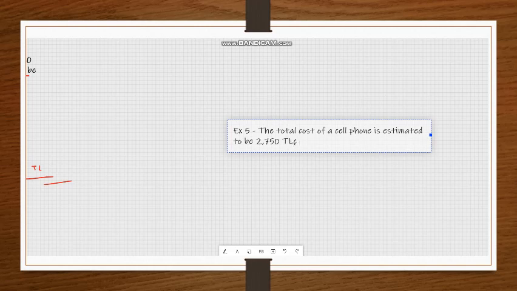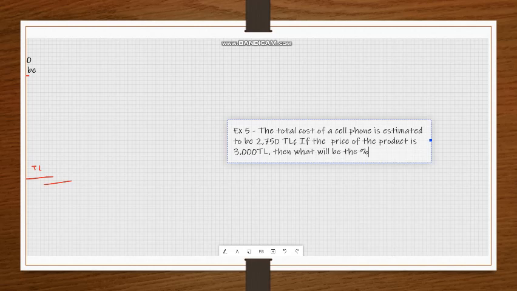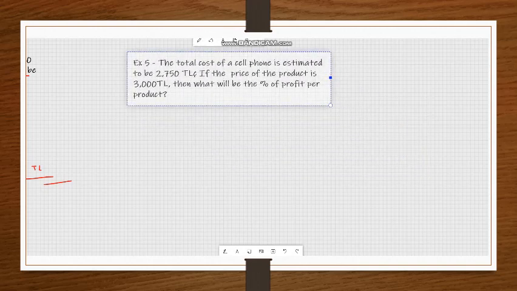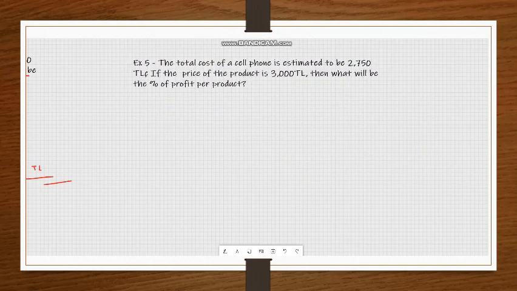If the price of the product is again 3,000 Turkish lira, exactly the same as the previous question, then what will be the percentage of profit per product?